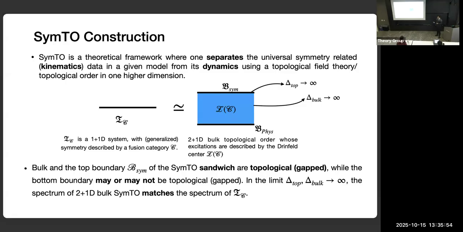Therefore, the bottom boundary, which does not have to be gapped, it can be gapped or gapless, essentially encodes all the dynamical data about the energy spectrum or the excitations, or if it's gapless, maybe velocity, all the non-universal data. Whereas, as I will try to argue, the top boundary decides the universal data, namely it decides the symmetries, what the symmetry defects, fluxes are, and what the charged objects are.